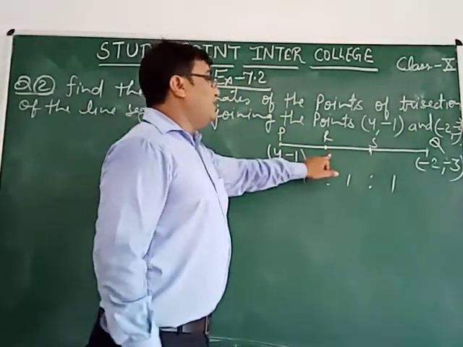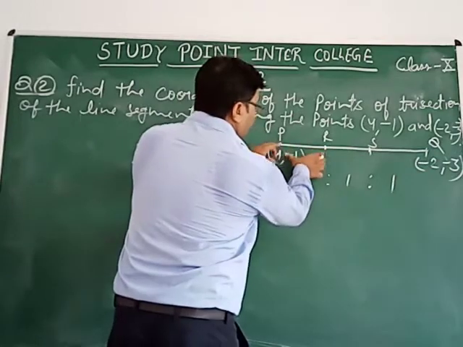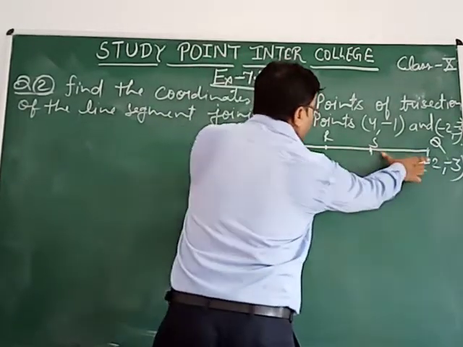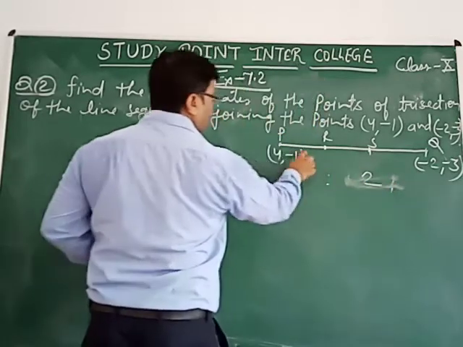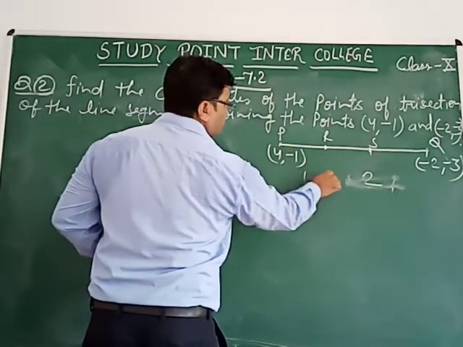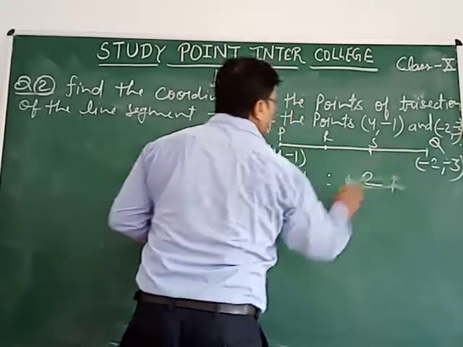But first we will find R. This part is 1 and this whole is 2. So here the ratio is 1 ratio 2.